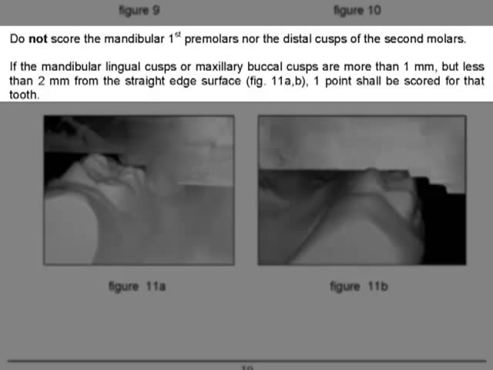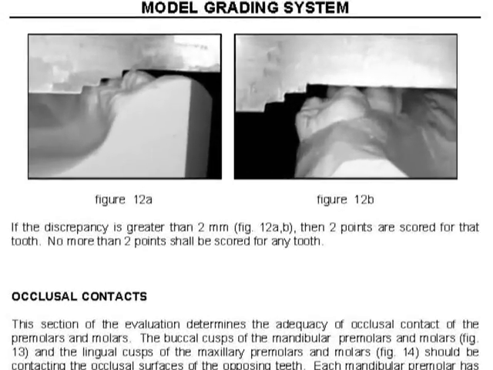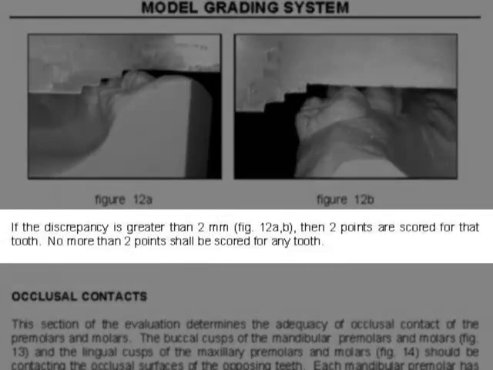If the mandibular lingual cusps or maxillary buccal cusps are more than 1 millimeter, but less than 2 millimeters from the straight edge surface, 1 point shall be scored for that tooth. If the discrepancy is greater than 2 millimeters, then 2 points are scored for that tooth. No more than 2 points shall be scored for any tooth.